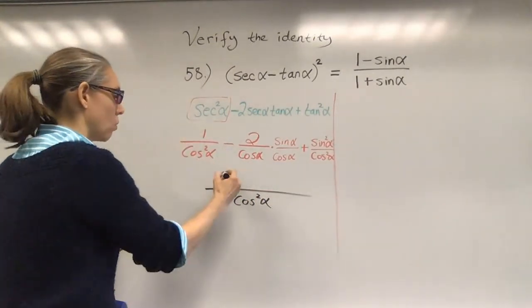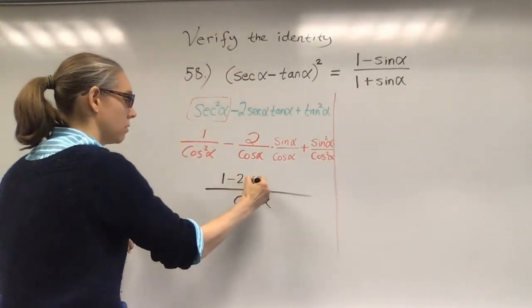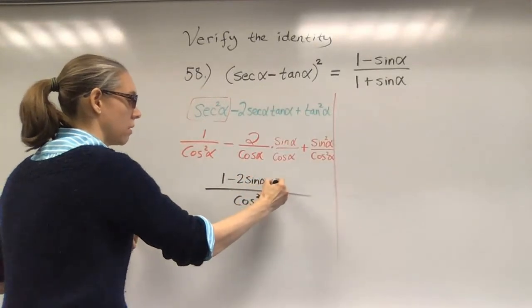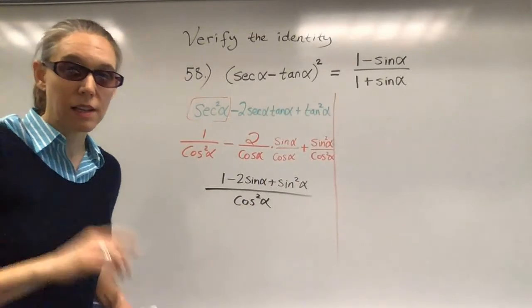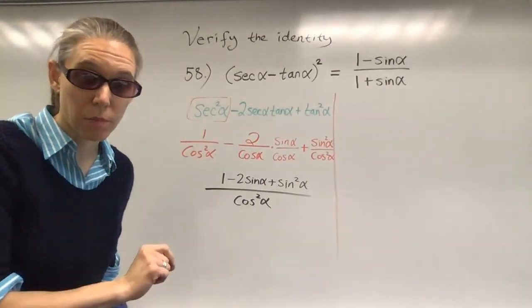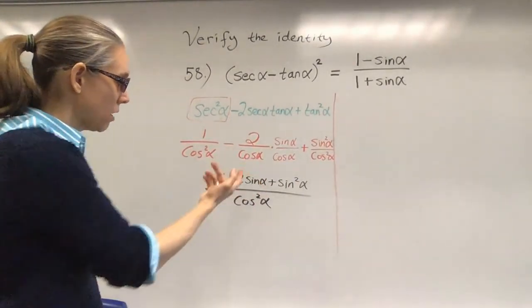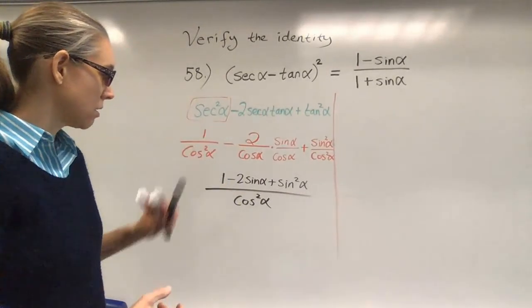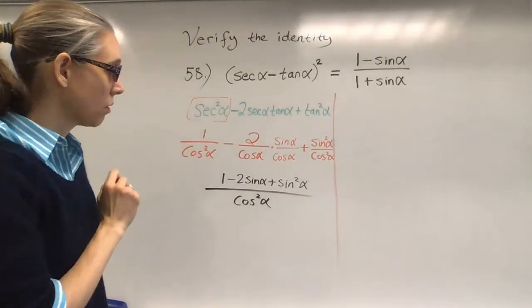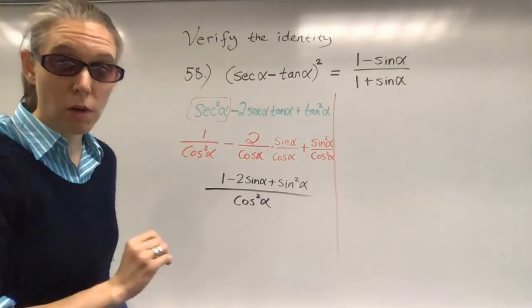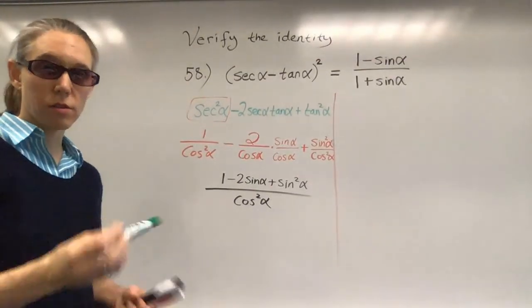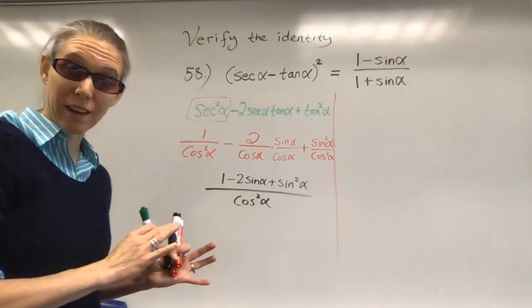We have 1 minus 2 sine alpha plus sine squared alpha, which is in quadratic form. If I rearrange this, you can see that this is going to be equal to sine squared alpha minus 2 sine alpha plus 1. Now, what you can do is you can do an aside, okay?